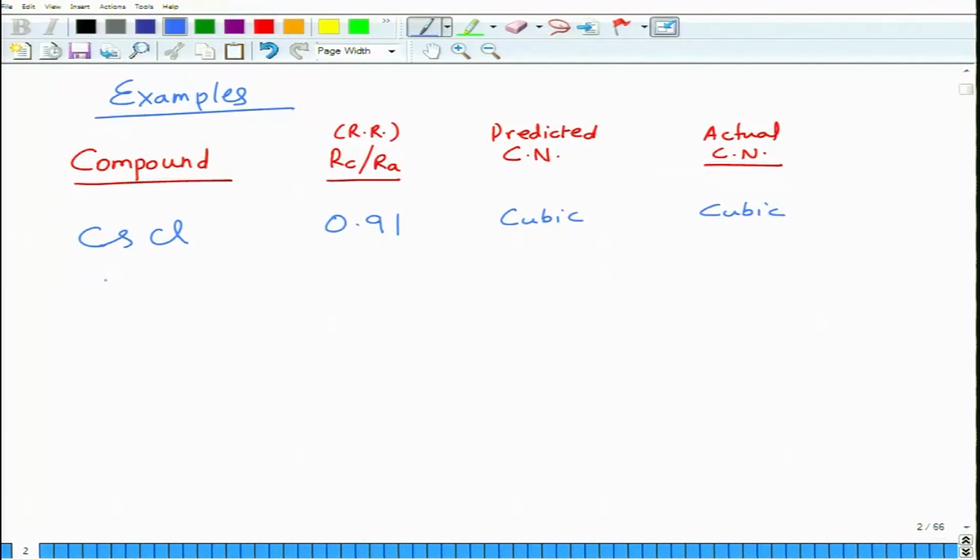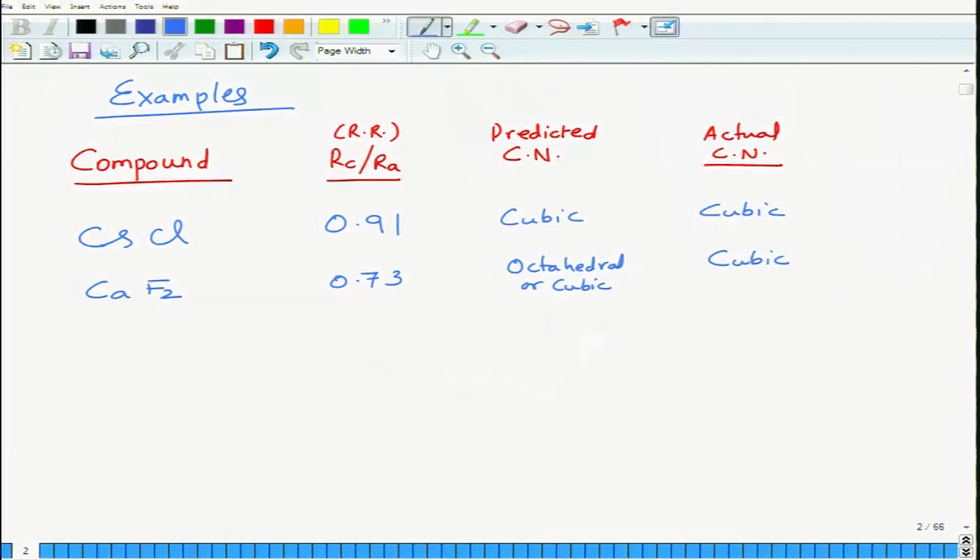Okay. CaF2 that we looked at, the radius ratio is 0.73, which is at the boundary. It could be octahedral, it could be cubic, but it tends to have cubic, and this is the coordination number of cations.